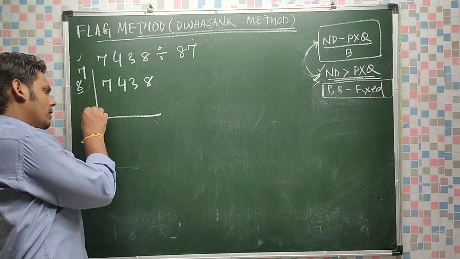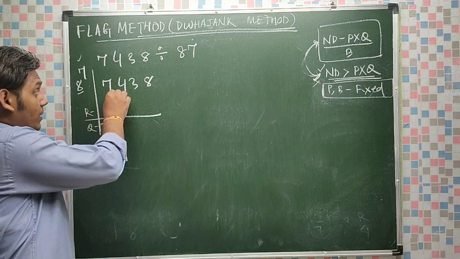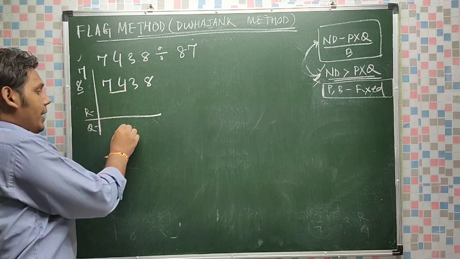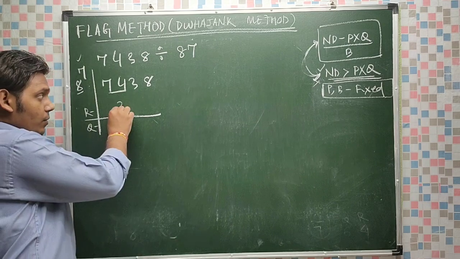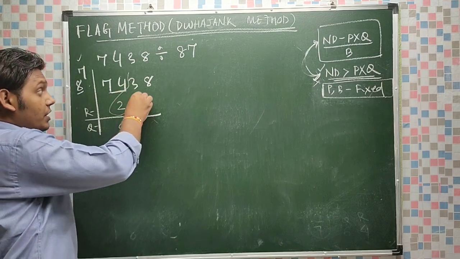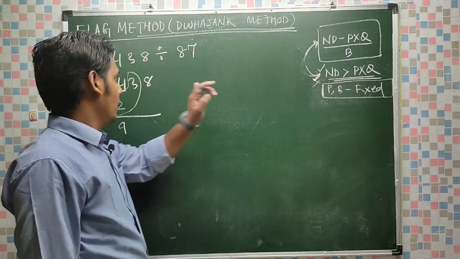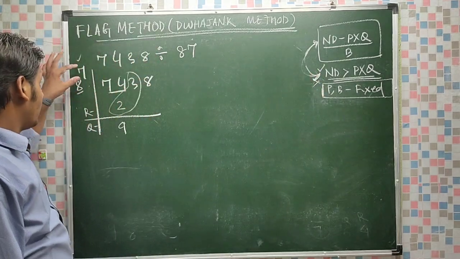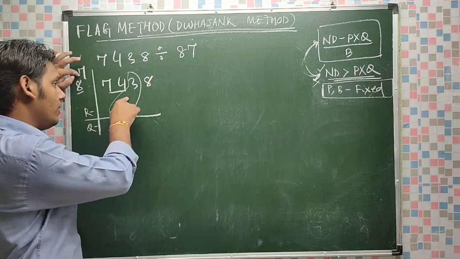Here remainder, here quotient. Now 7 is smaller, so take two digits, 74. 8 nines are 72, remainder 2, then 23. 23 is the new dividend, but you have to check after the first step: 23 must be greater than the product of power and quotient. 7 nines are 63, which is greater than 23.